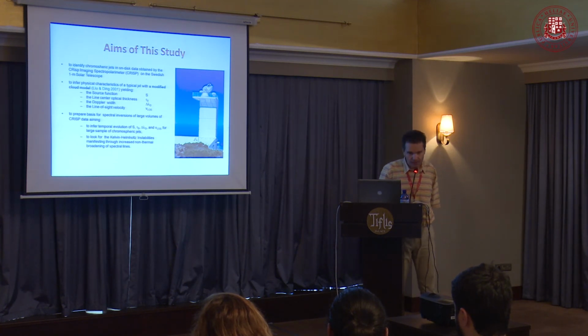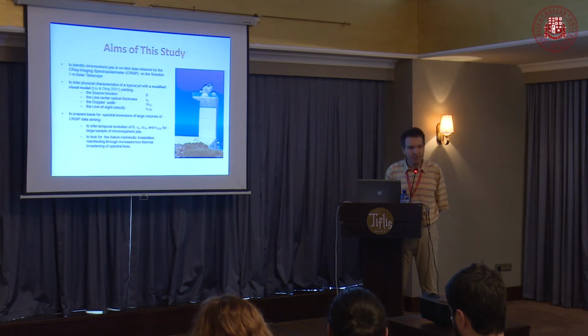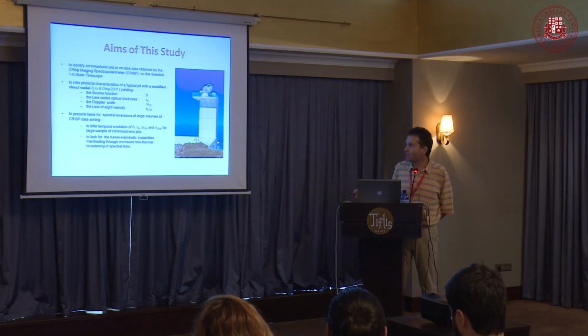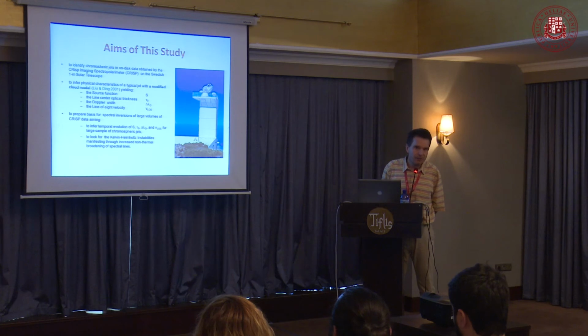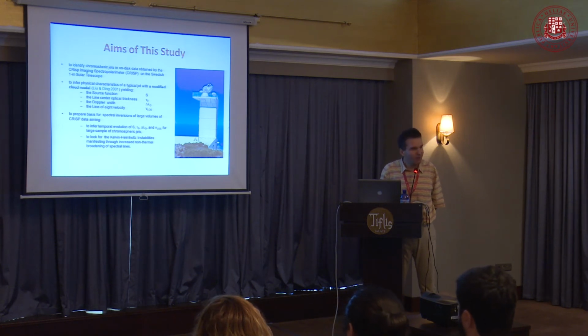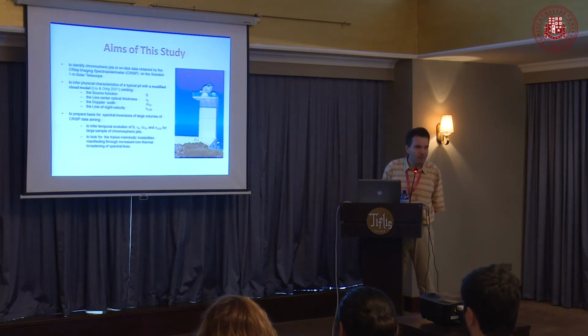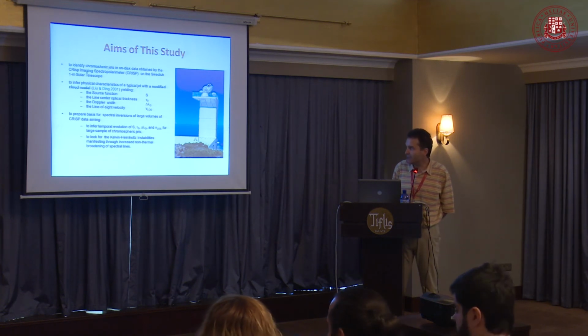And at this stage of the study, we decided to interpret data obtained by the CRISP instrument with a kind of modified cloud model, which interprets the observations in terms of the source function, the line center optical thickness, the Doppler width, and the line of sight velocities. All these quantities are necessary for a convincing judgment whether we see in the jets the presence of some non-thermal broadening, which is supposed to be a manifestation of Kelvin-Helmholtz instabilities.